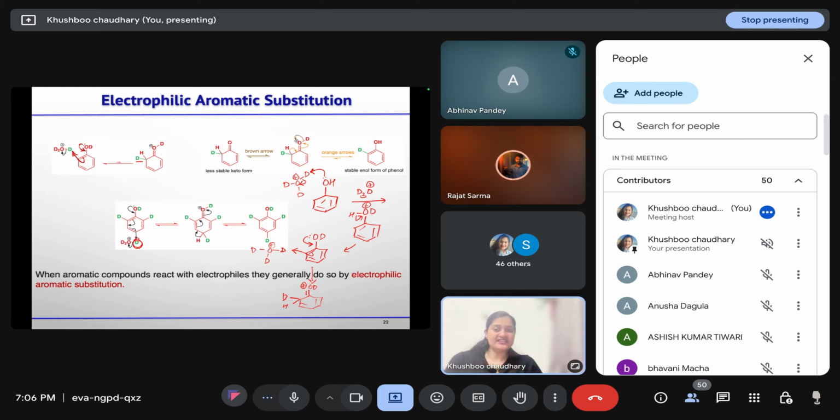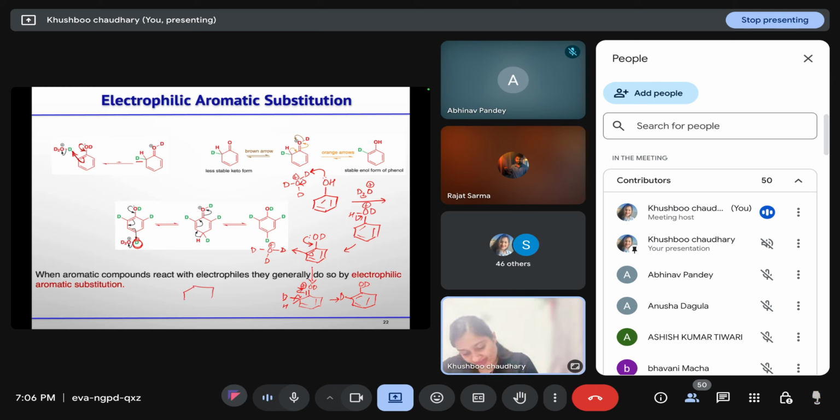Now there are chances that a reversible process can take place, or the proton will leave to regain aromaticity. So in that case, deuterium will come at the ortho position.